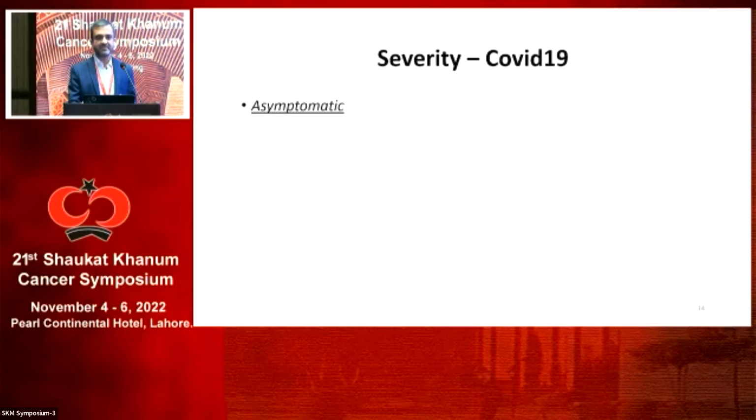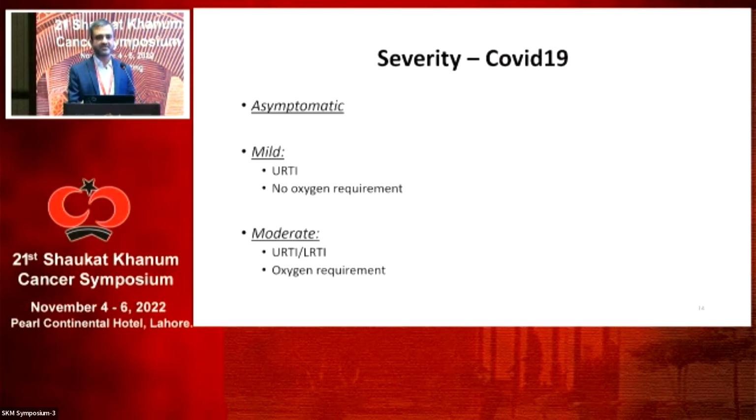So then if we look at the severity of COVID-19, there are certain specific definitions to define the severity of COVID. This is important to know because our therapy titration depends on the severity of COVID-19. So it can be asymptomatic, it can be a simple URTI with cough, coryza, and some breathing difficulty with no oxygen requirement.